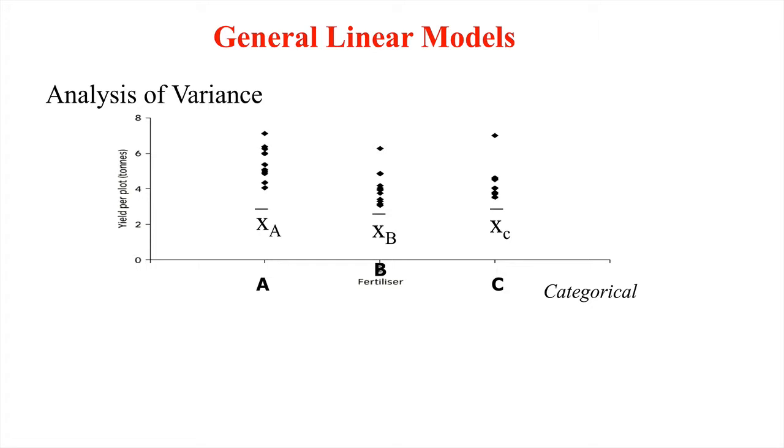You'll remember that implicit within the analysis is a way of partitioning the variability in our data. We looked at the variance as estimated from the variance between the sample means, and then another estimate of the variance in terms of the variance within each of these groups.